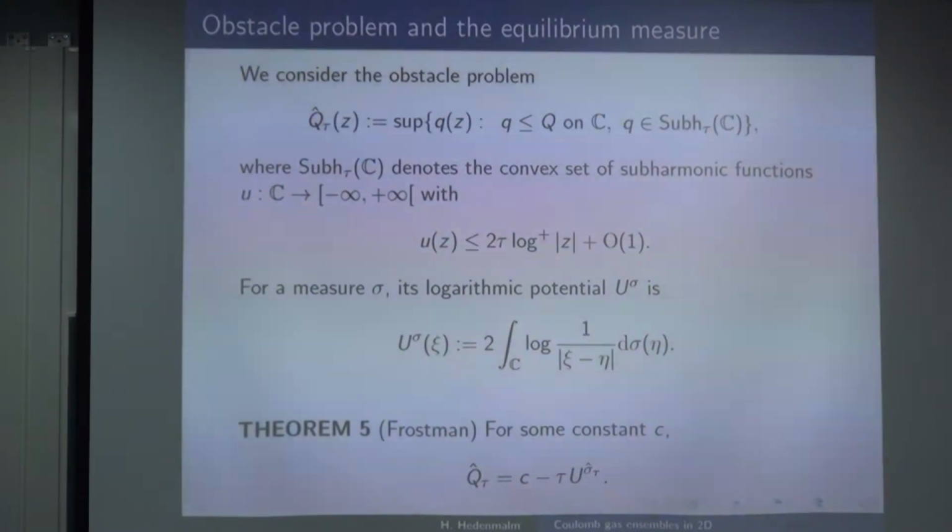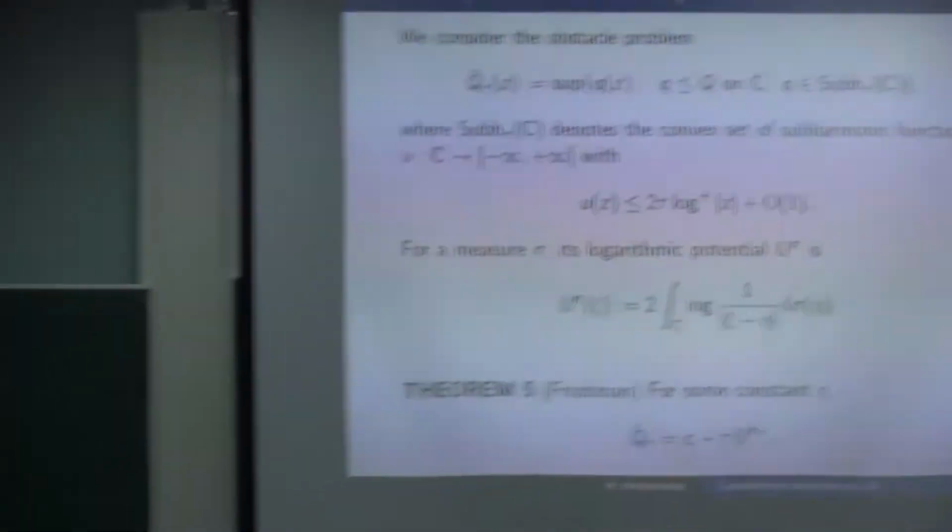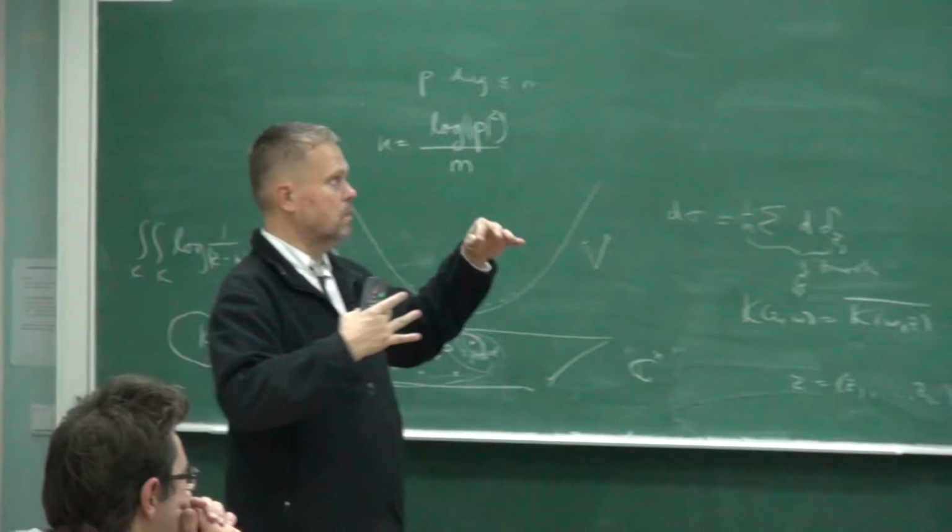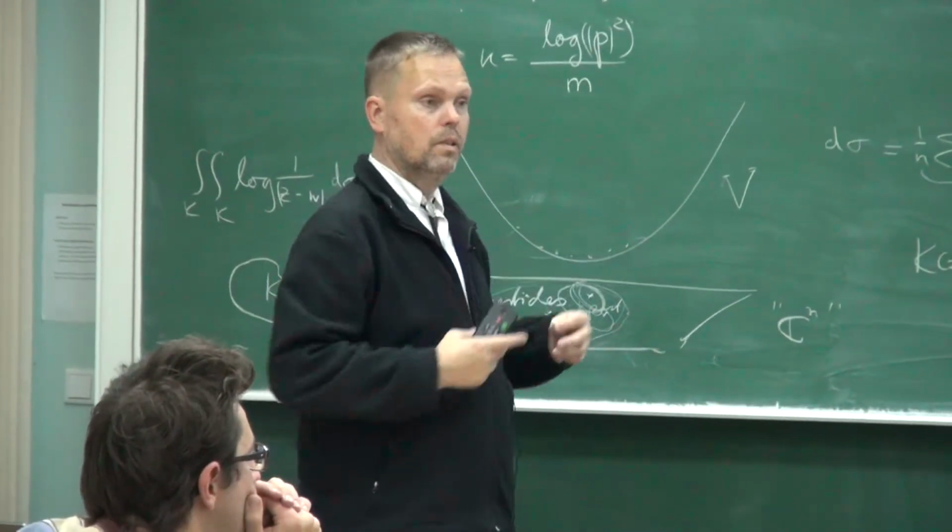And so you get two phases where the maximal little q attaches to, is able to reach up to the given potential q, and there will be a free region where it lets go.